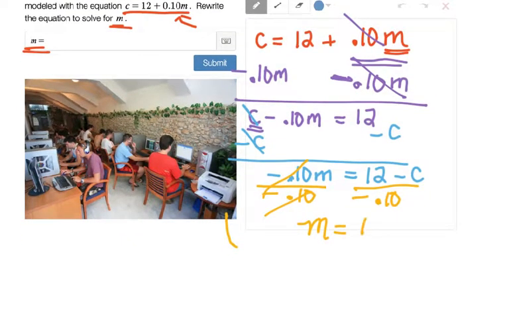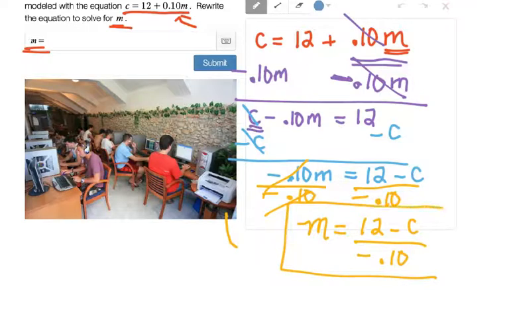I have 12 minus C over negative 0.10. There is my answer. I've got M all by itself, and I've done a series of legal moves to move C over and get M all by itself.